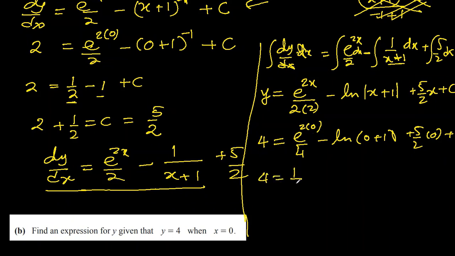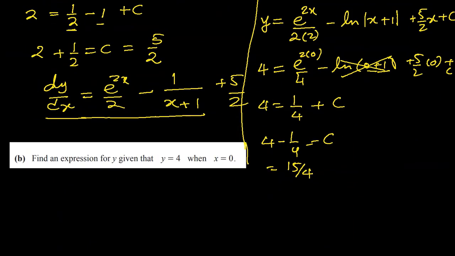So 4 equal to 1 over 4. 0 plus 1 is 1 and ln of 1 is 0. Gone. 5 over 2 times 0 will also be 0. So we'll be left with only c, which was here. So c is 4 minus 1 over 4, which is 15 over 4.